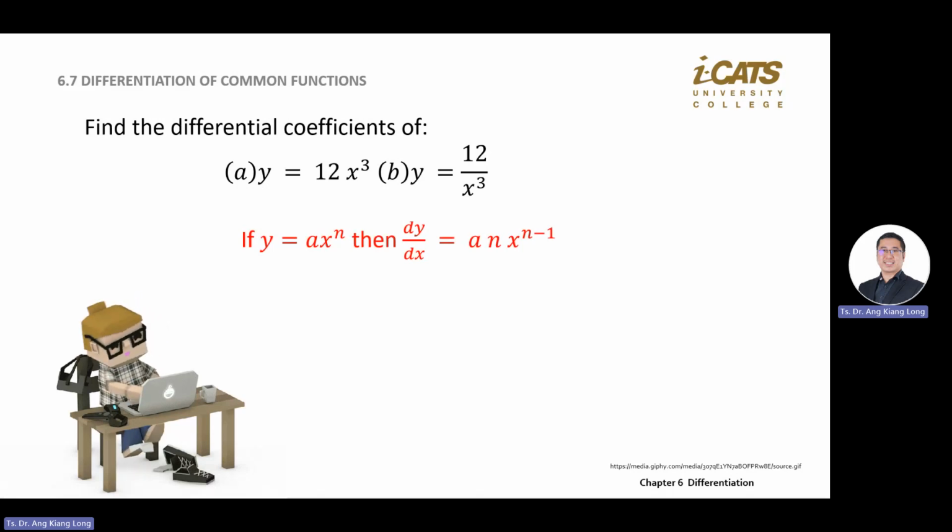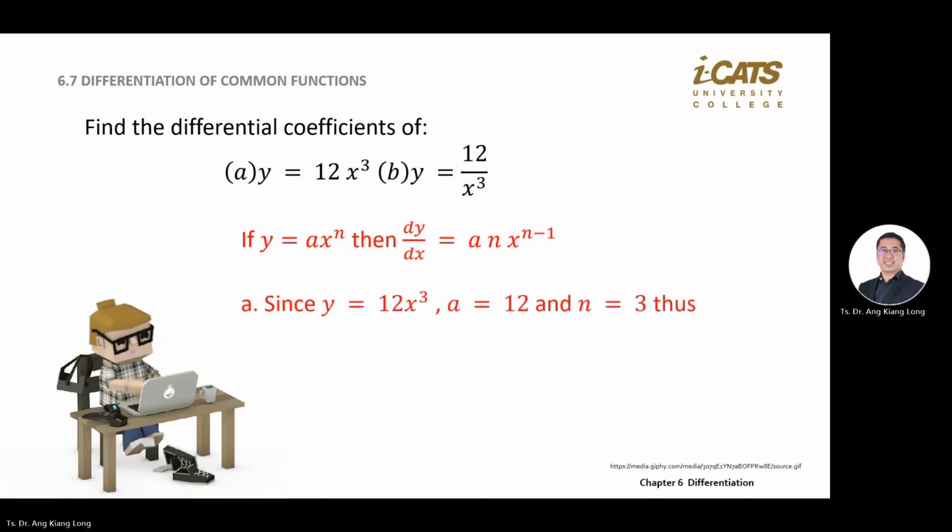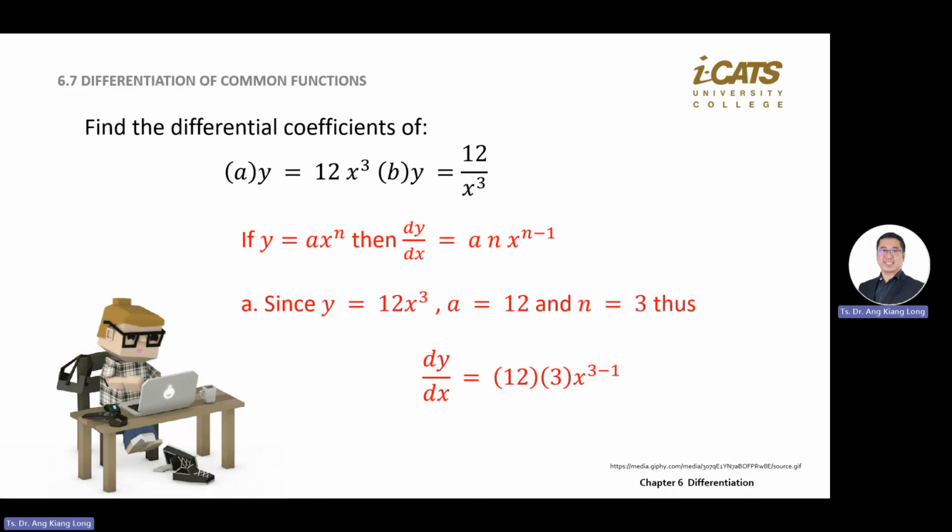You need to write the general equation you are using, then tell us what your a and your n are, and substitute into the dy/dx equation. In this case, it's 36x squared. The step dy/dx = (12)(3)x^(3-1) is important for entry maths 1.